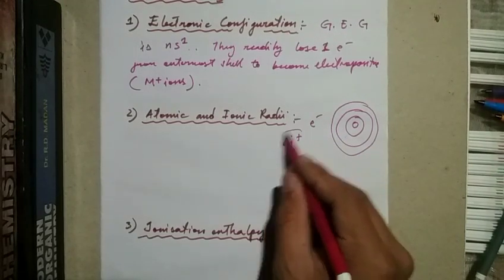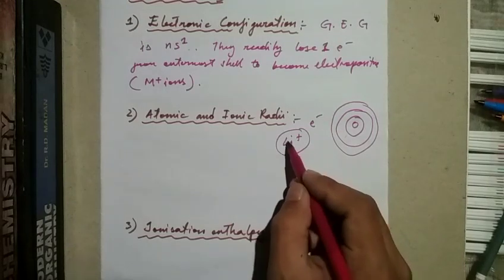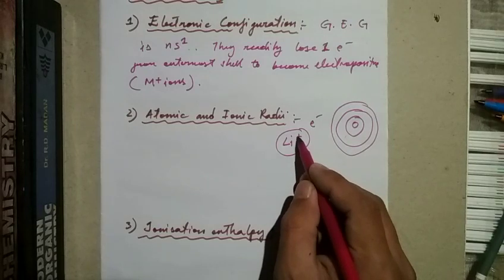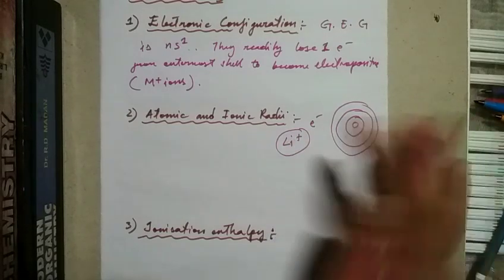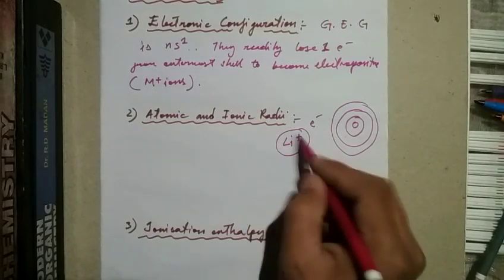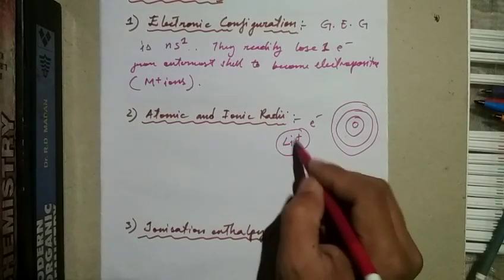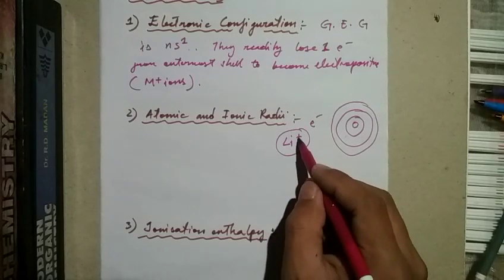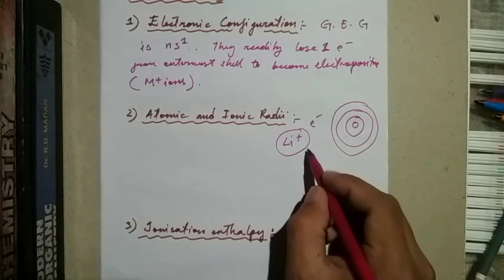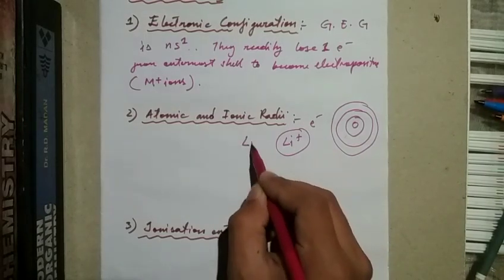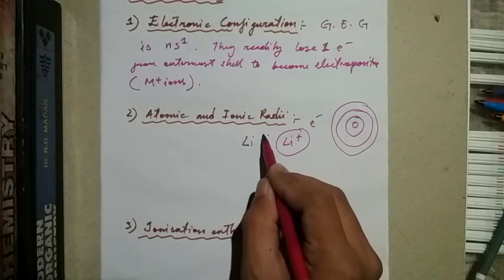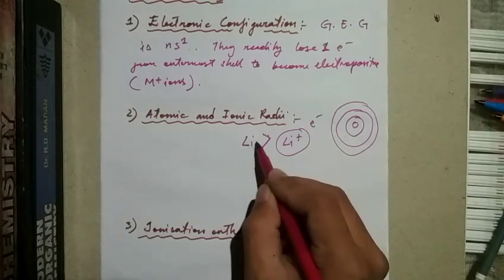When an element loses an electron, it becomes a positively charged ion. So Li loses one electron and becomes the lithium ion, which is smaller than the parent element.